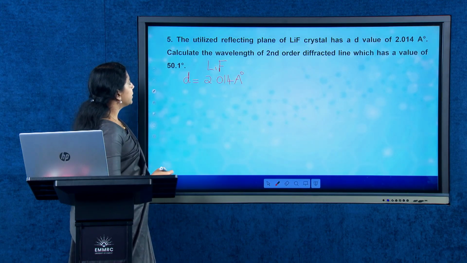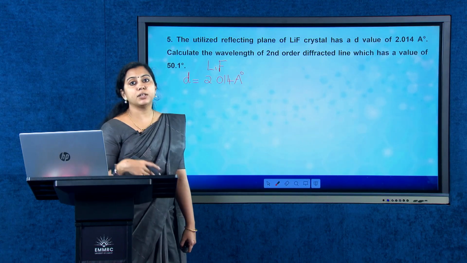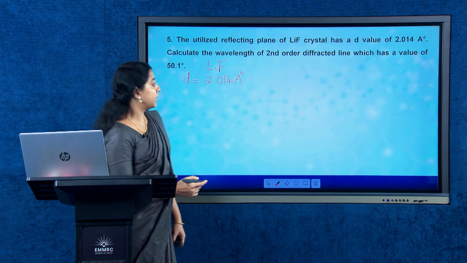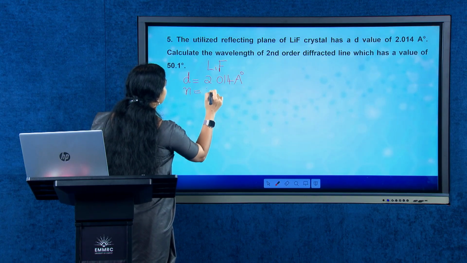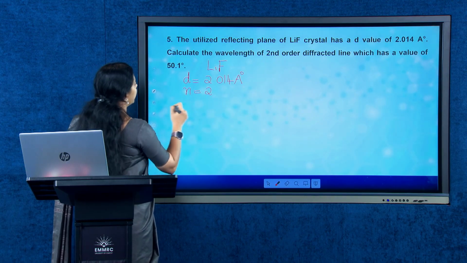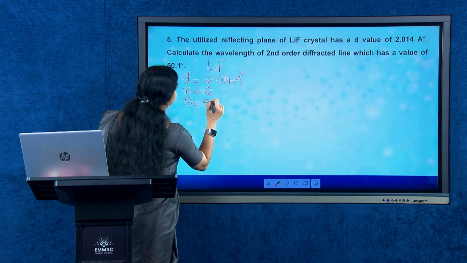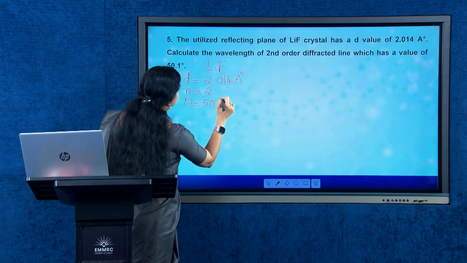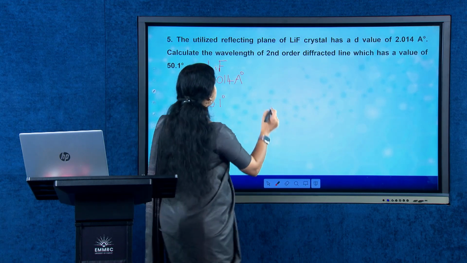Now, in the question it is given you have to calculate the wavelength of the second order diffracted line. Second order diffracted line means n is equal to 2. The angle is also given, theta is equal to 50.1 degree. So, how to calculate the wavelength?